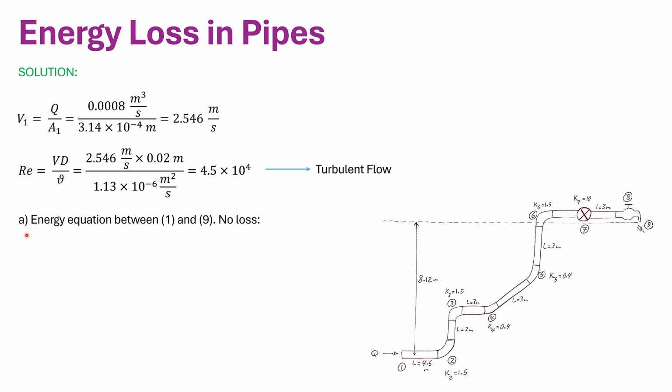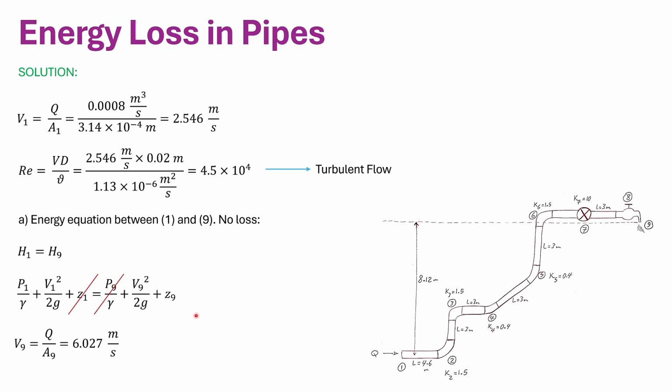For part A of the question, the energy equation between 1 and 9 with no loss, we have H1, the total head at 1, equals the total head at 9 because there's no loss. So Bernoulli's equation will have no major or minor head losses. Z1 equals 0 because the datum is here, so it has 0 height. P9 is 0 because it's open to the atmosphere.